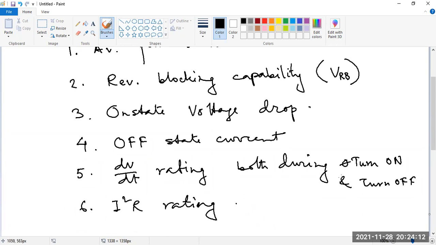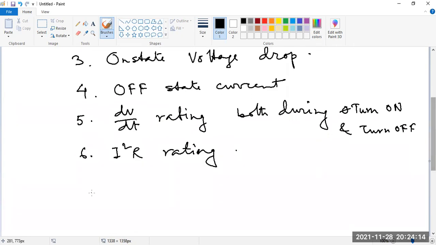And the last one is the off time. Okay, so these are the few parameters that we generally consider when selecting the device.